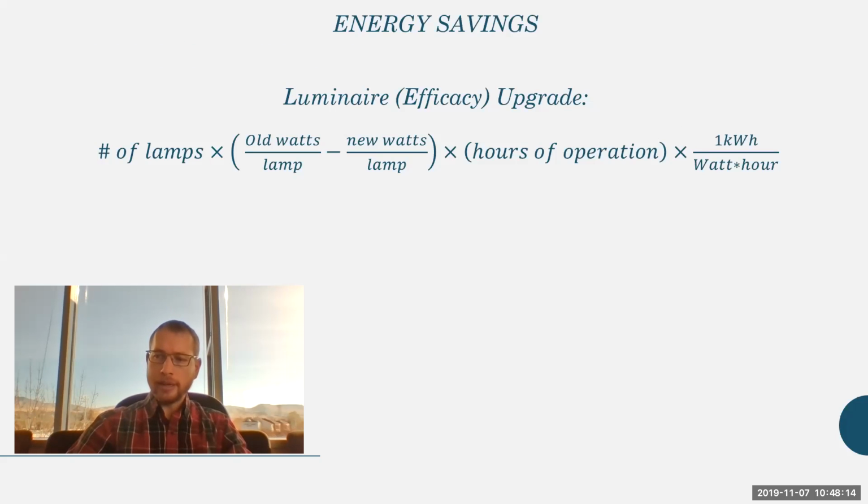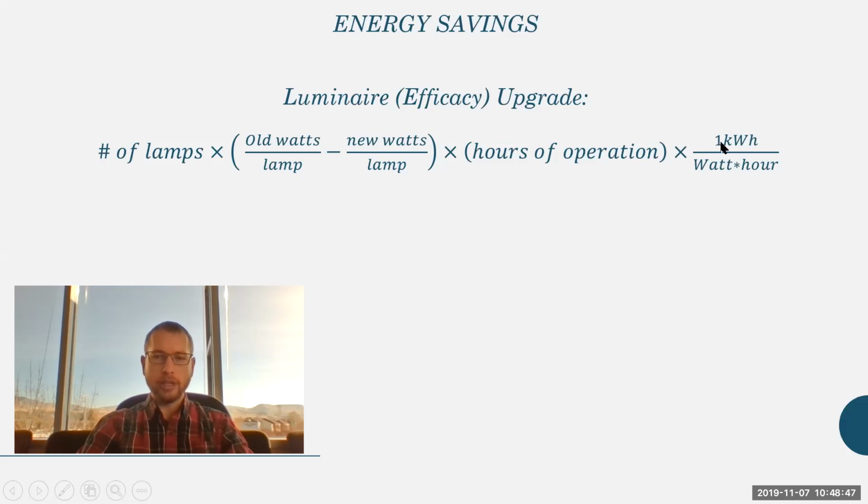And the last energy savings problem I had you do, we were looking at an efficacy upgrade, so lights that were providing enough illumination but using fewer watts to do so. When we're looking at savings in terms of energy, you have to take the number of lamps within the space, multiply it by the difference between the old lamps that used a lot of energy, subtracted from the new watts used by the more efficient lamps, multiply that by the hours of operation, and you get watt hours.